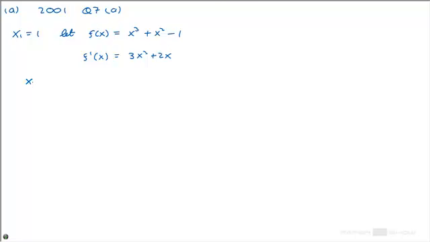Newton-Raphson formula, x2, which is what we're asked to find. So the second approximation: x1 minus, I think it's a good idea to put this in a bracket. Sub in x1 into the f of x. Sub in x1 into the derivative. So start filling everything in.